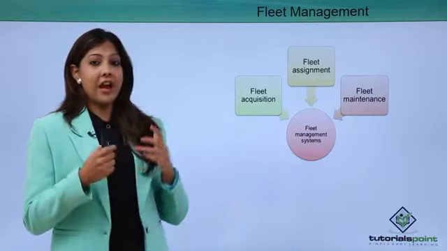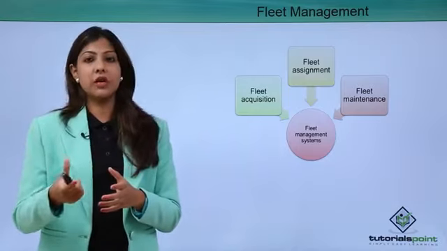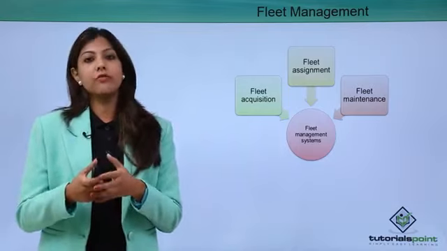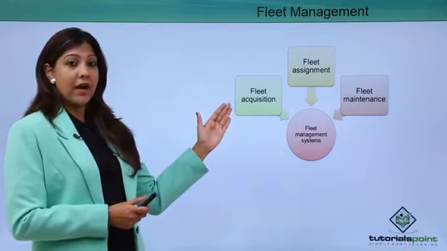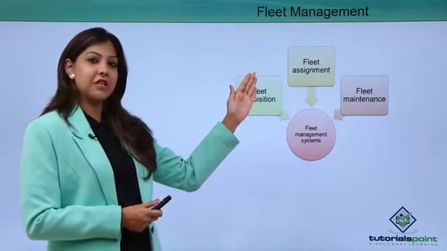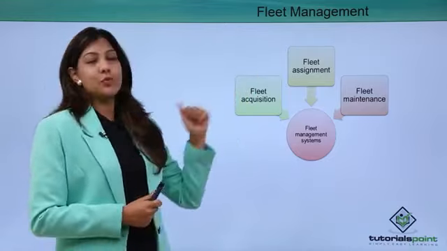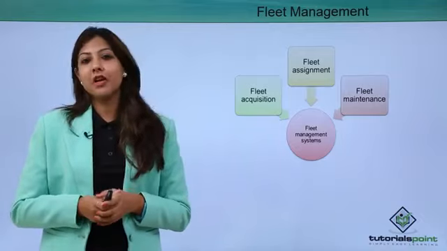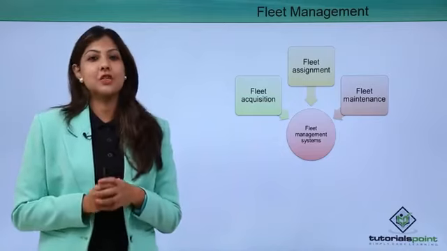The fleet or the aircraft are assigned for particular routes. You have Airbus for particular routes, Boeing for other routes, or for shorter distances you have ATRs. So once you acquire the fleets, you also assign the fleets for different destinations and different routes. And the fleet needs to be maintained. Of course, aircraft require a lot of maintenance, and for that reason, the fleet needs to be maintained.